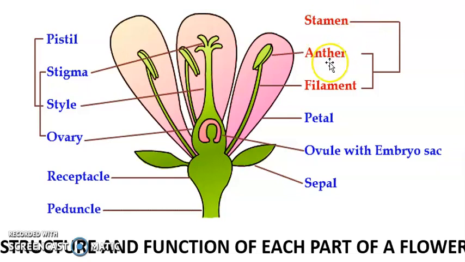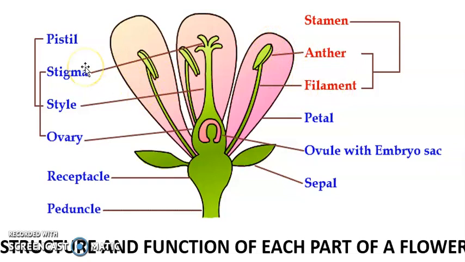Stamen consists of anther and filament. Boleh ingat AF, ingat anther and filament. So anther ni ialah bunga dan filament ni yang memegang bunga.